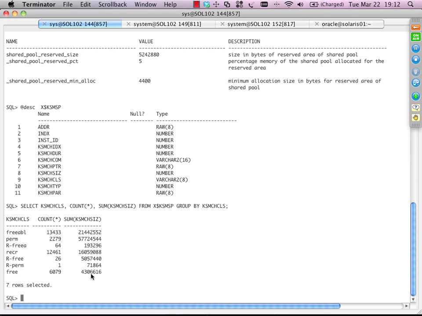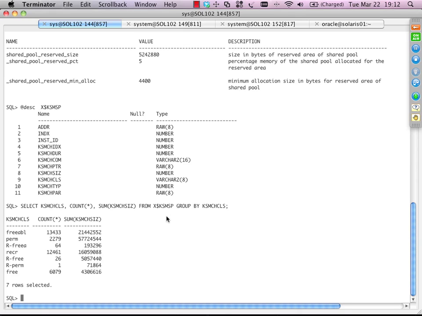So this is a better indication of how much free space we have, if you look into it that way. But even that is not enough, because sometimes shared pools get fragmented. Or actually, I have to say, shared pools are always fragmented.